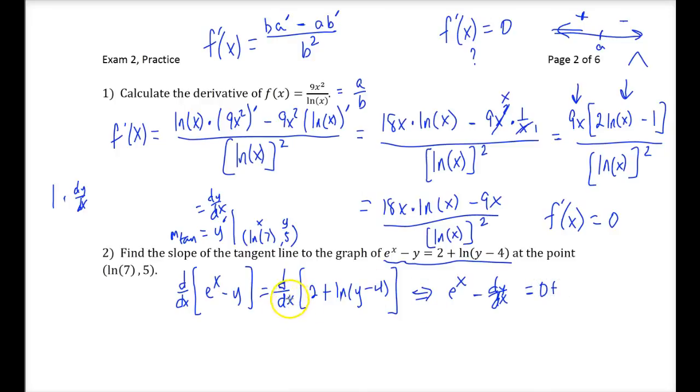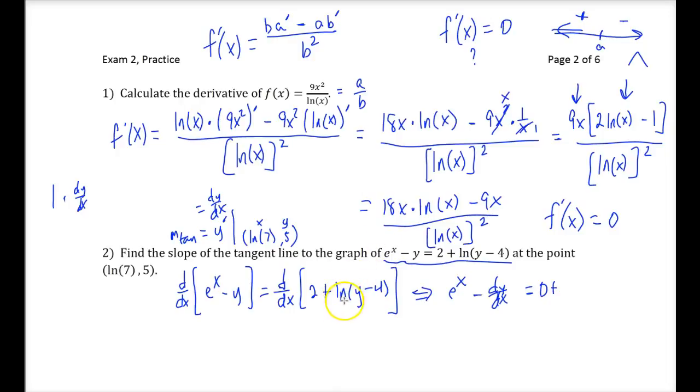And now when we take the derivative of natural log of y minus 4 with respect to x, again, we're going to have to use the chain rule here because the variables are different. In addition to that, we see that natural log of y minus 4 itself is a composition function. So we're going to have to use the chain rule for that reason too.